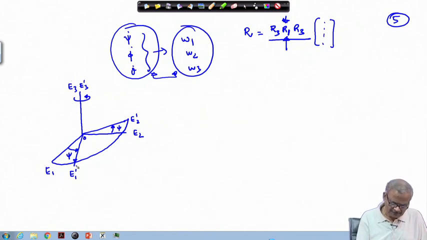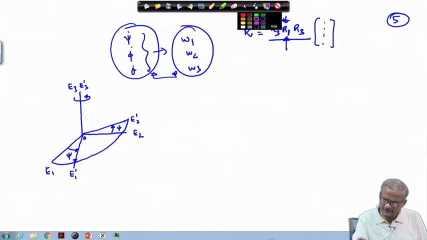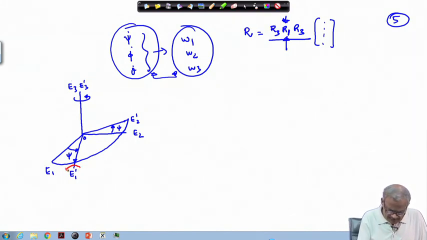Now, the next rotation we give about this axis E 1 prime, by theta. So, this will move out of this plane, and from here to here it goes by angle theta. This also will rotate from this place and come to this place, this is the angle theta.